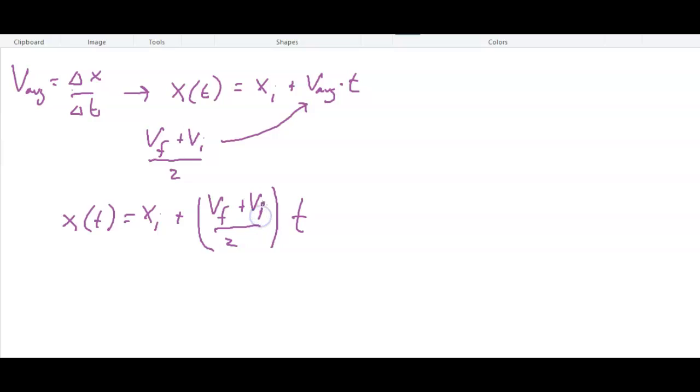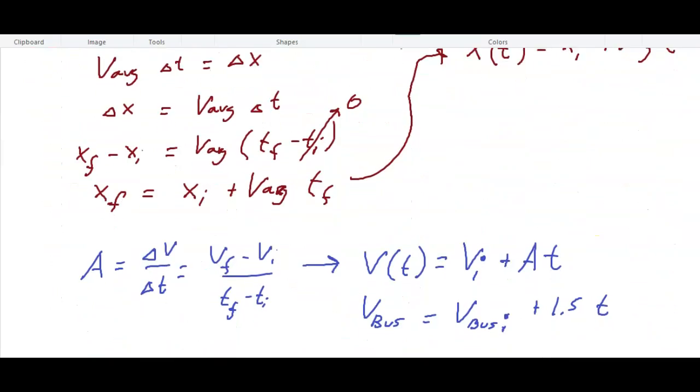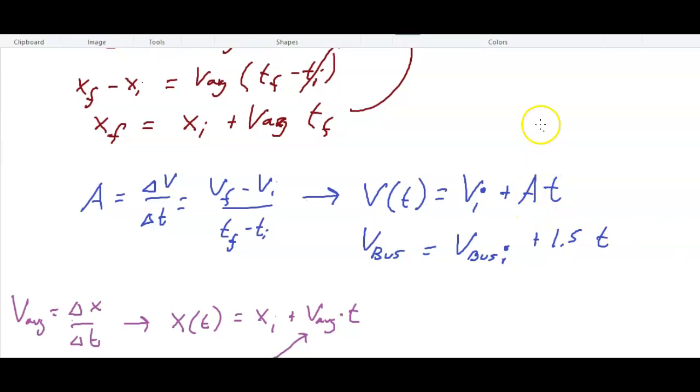All right, well now v initial was given to us, but what about v final? Well, we just showed up above here that any velocity is equal to initial velocity plus the acceleration times time. So that's using this third equation. So let's plug that in.